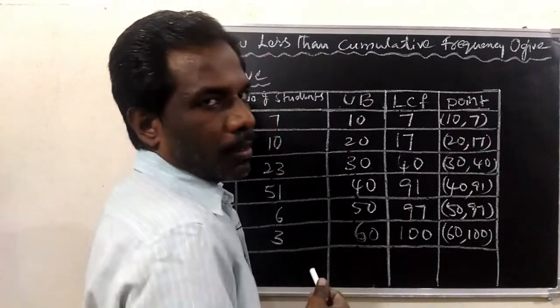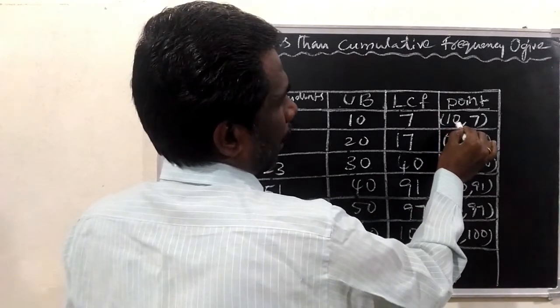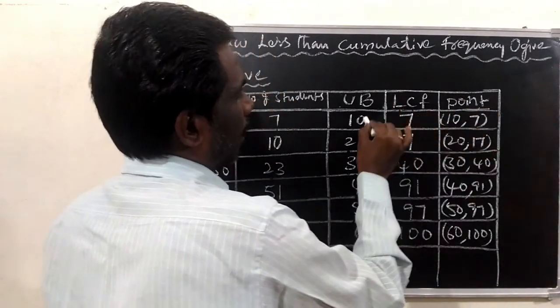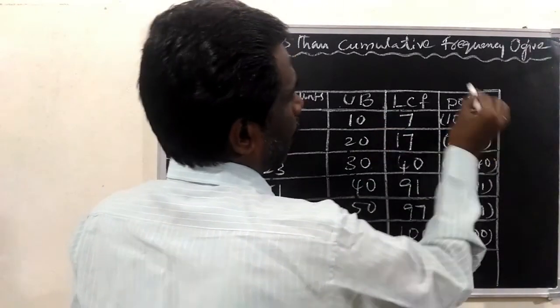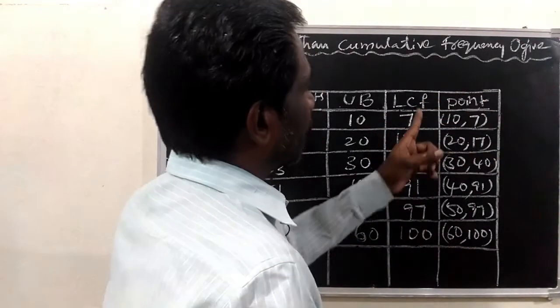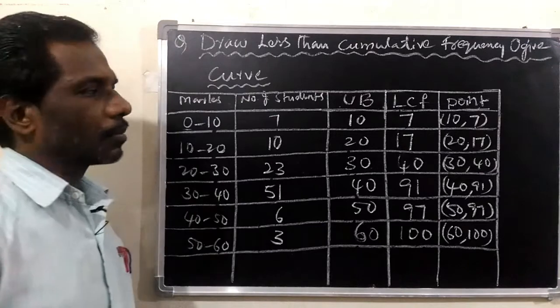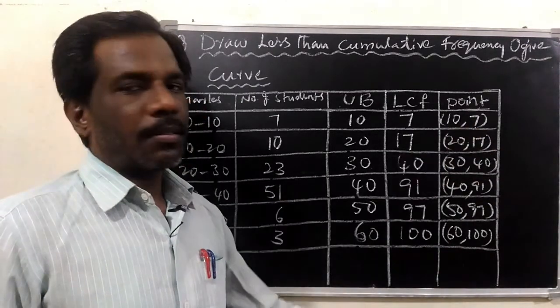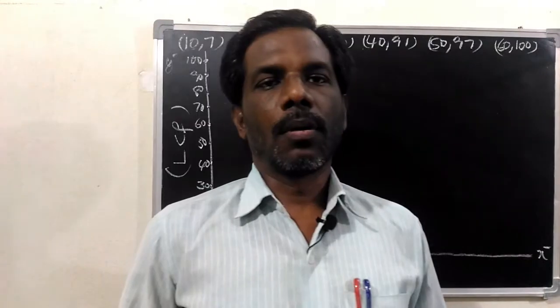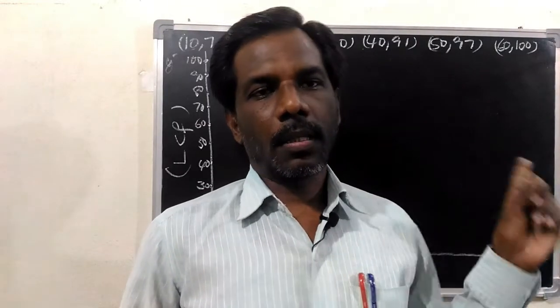For the point, the x coordinate is the boundary and the y coordinate is the cumulative frequency. Now I am going to plot these points on the graph.